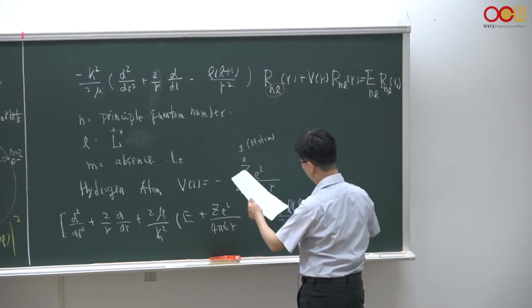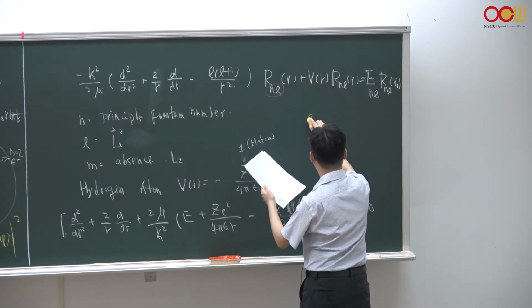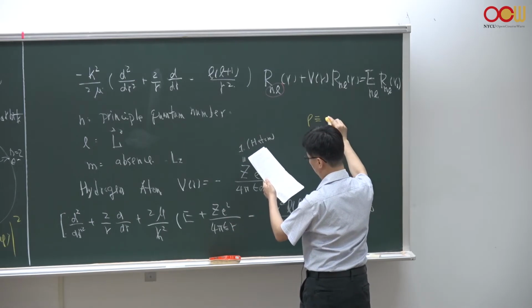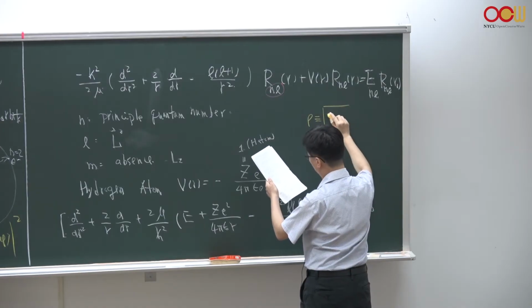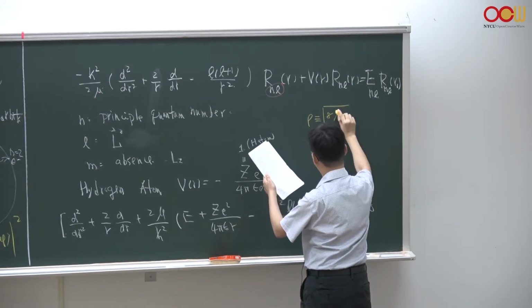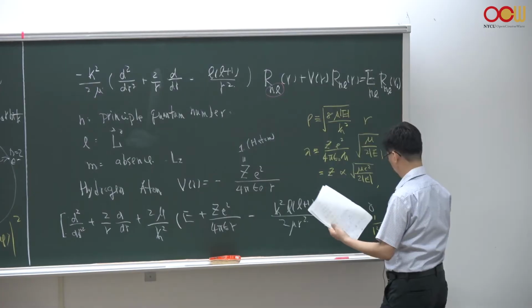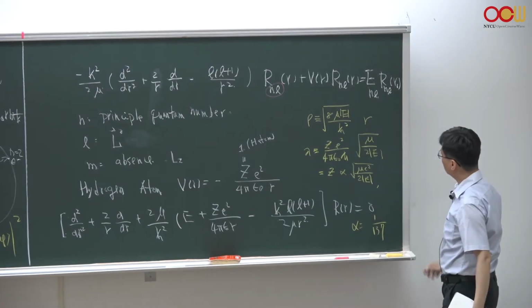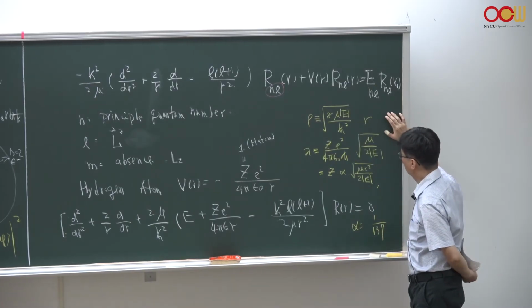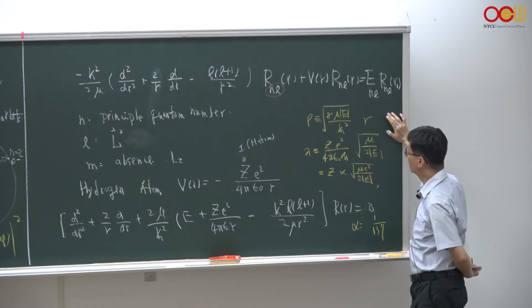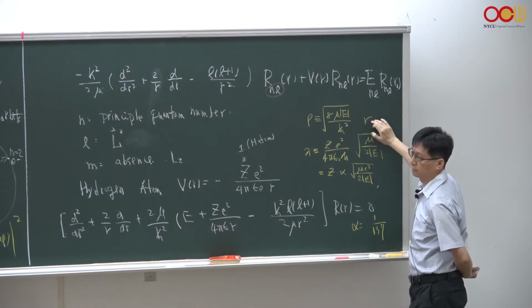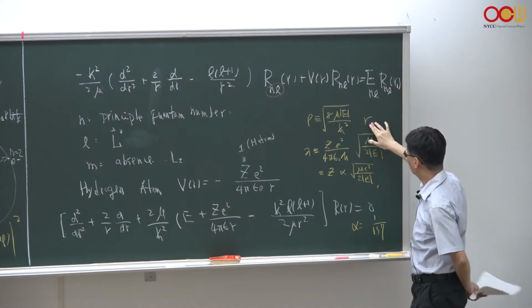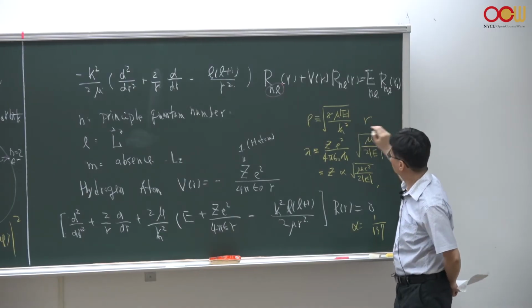We could define some dimensionless variables which help us to clean up the notation and simplify these equations. So we define two variables. One is called rho, which is the magnitude of the radius vector, r, times some prefactor.